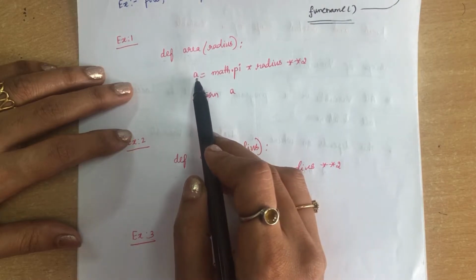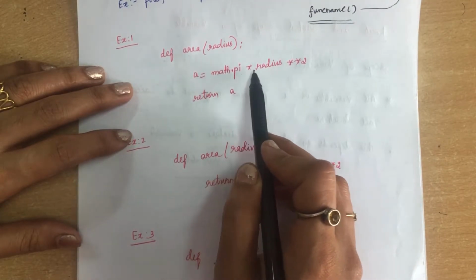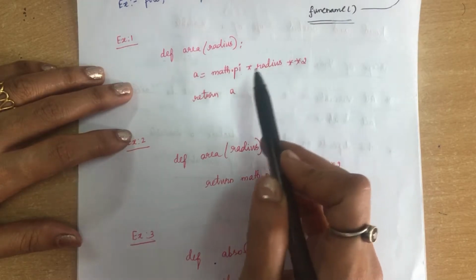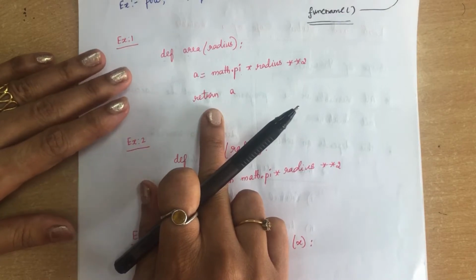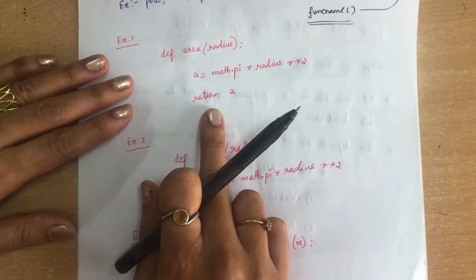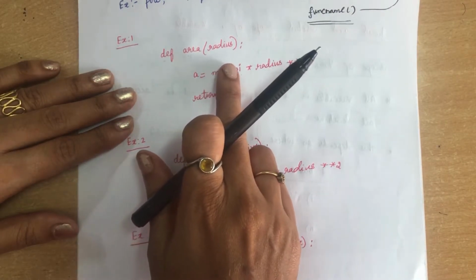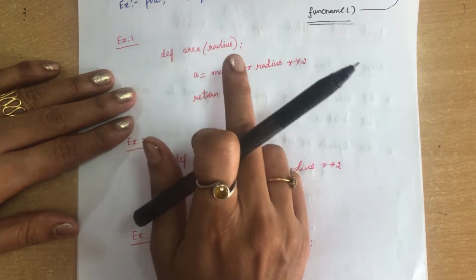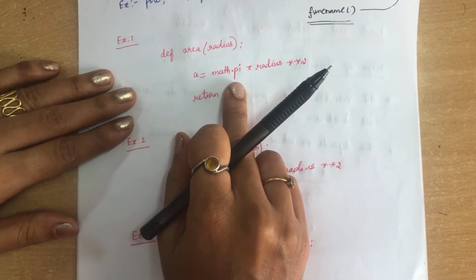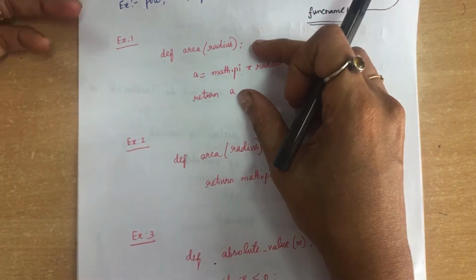We are including only one statement, that is a equals math.pi into radius to the power 2. This fruitful function is returning a value. A fruitful function will always return a value when it is called. So it is returning the area of the circle. When the radius of the circle is given to this function, it finds the value and returns the area of the circle. So this is also one of the fruitful functions.